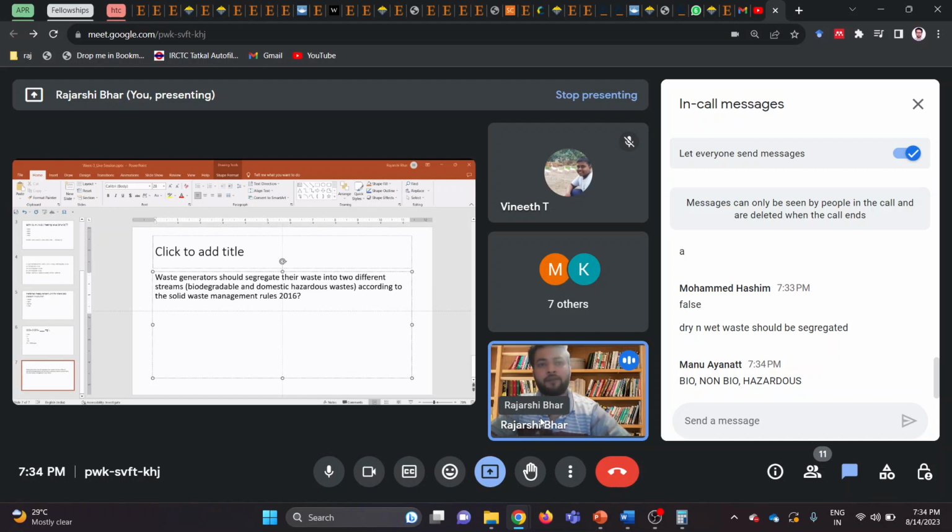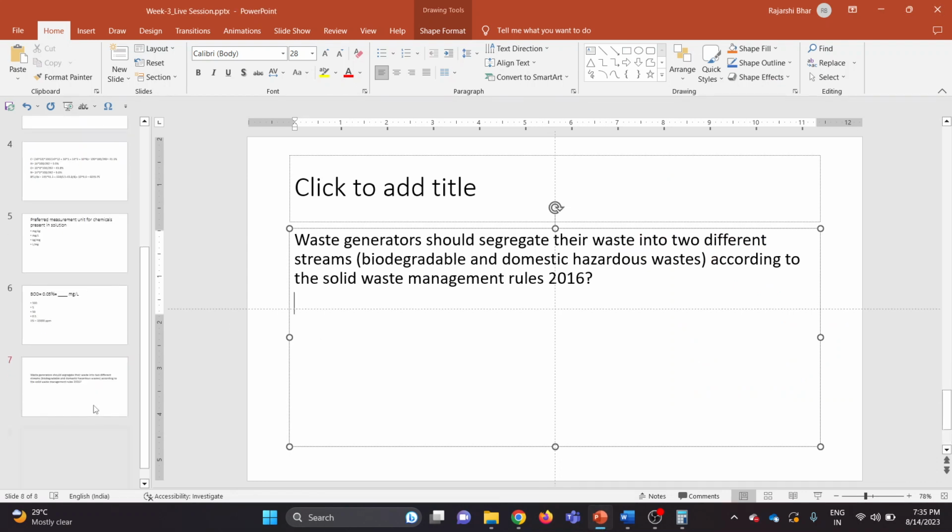For example, if I have sanitary waste such as napkins, it should be wrapped and packed carefully, as various brands provide their own packaging materials, and then thrown either in the hazardous or in the dry waste component, or the non-biological component. So that is one part of this. Now coming to the next question, which is also a small and simple one.